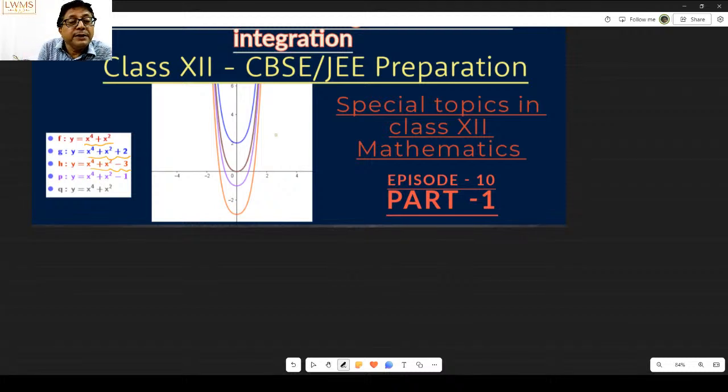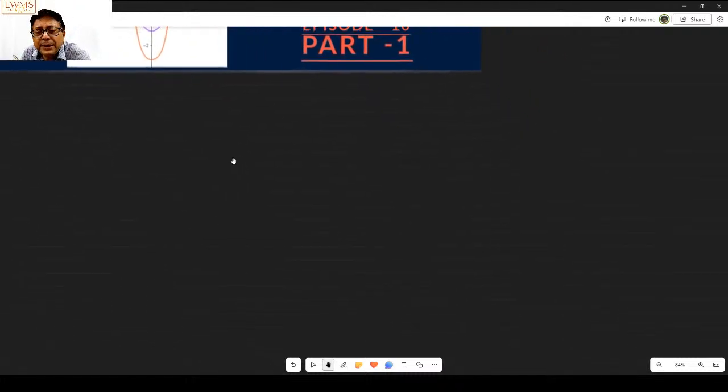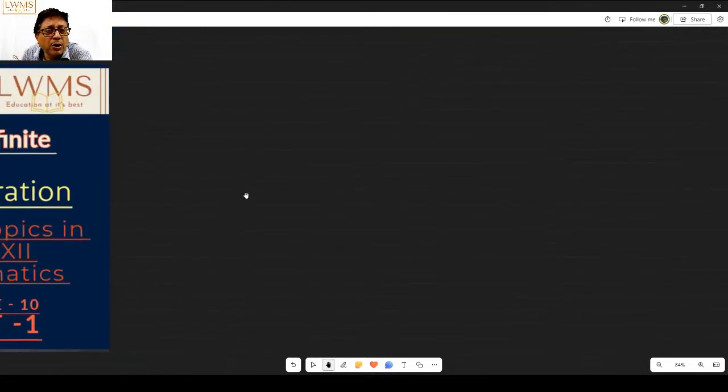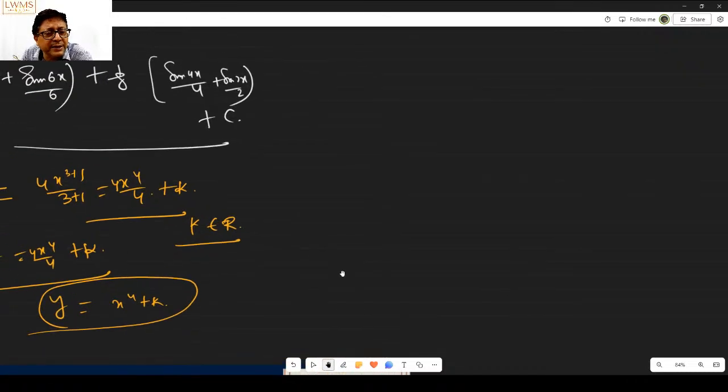So what does it give? x^4 plus x square passing through origin, plus 2 is there, shifting of origin, minus 3 it's there, shifting of origin again, minus 1 again shifting of origin, that minus 1 length. So if you get a family of curves, then the equation of the family of curves can be written easily. y equal to x^4 plus k will represent a family of curves.